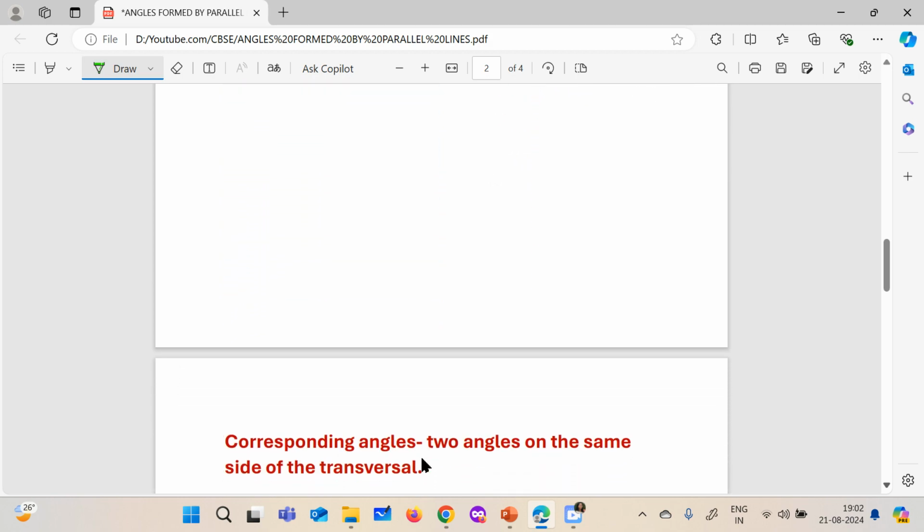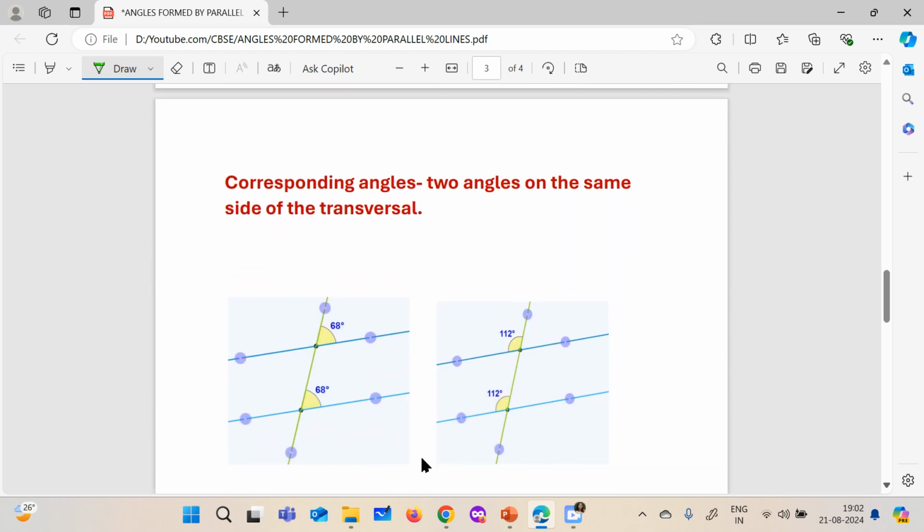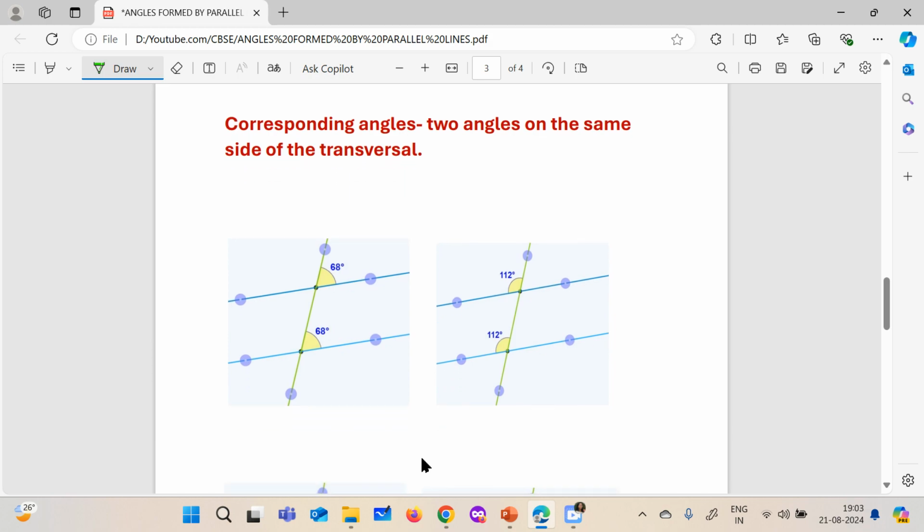When parallel lines are intersected by a transversal line, corresponding angles are formed. What are corresponding angles? Corresponding angles are two angles on the same side of the transversal. Suppose you have parallel lines, let's take this one as line L, this as line M, and this is intersected by this transversal line.